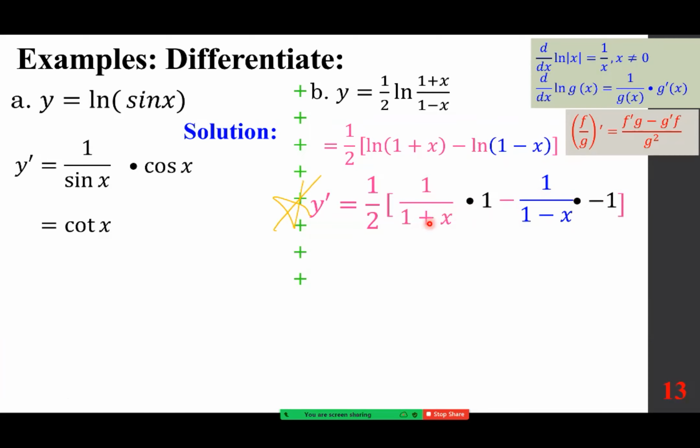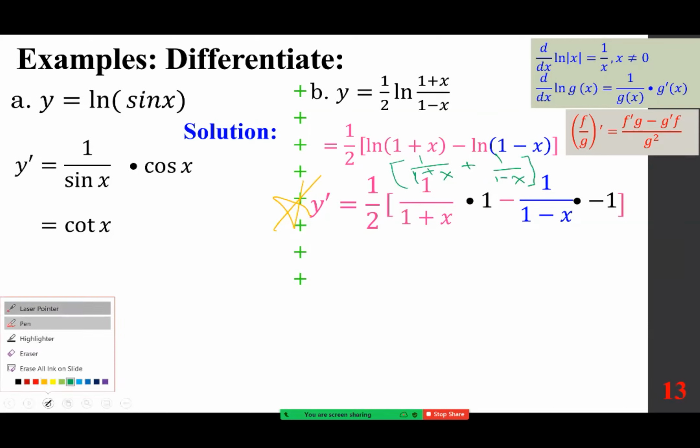First and foremost, the product of these two is the LCD. So 1 plus x times 1 minus x is the LCD. You should recognize this is 1 over 1 plus x plus 1 over 1 minus x inside the brackets.